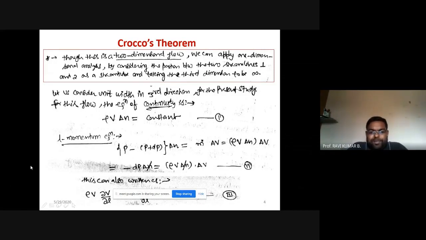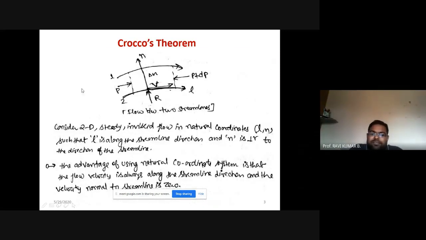Now I will apply the momentum equation. First was the continuity equation, now the momentum equation. The momentum equation states that the algebraic summation of all the forces acting in the flow direction is equal to the rate of change of momentum, or you can say the mass flow rate times the change in velocity is equal to the algebraic summation of all the forces.